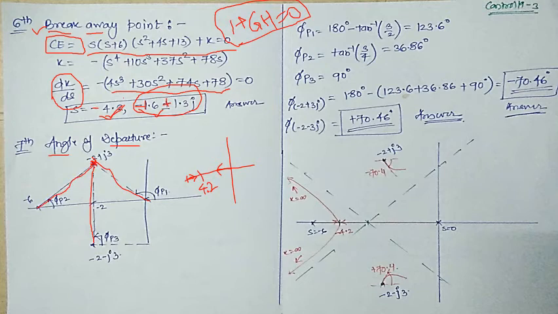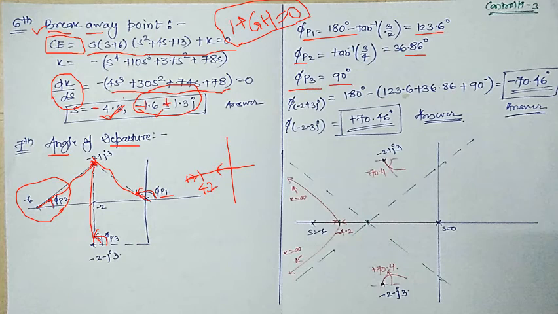You need to draw the vectors and find these angles. So phi p1 is here, this is phi p2, and then this is phi p3. Okay, so this is obviously 90 degrees. These two values, phi p1 and phi p2, can be easily identified using trigonometry and the Pythagorean theorem, and that comes out to be phi p1 as 123.6, phi p2 is 36.86, phi p3 obviously 90 degrees.